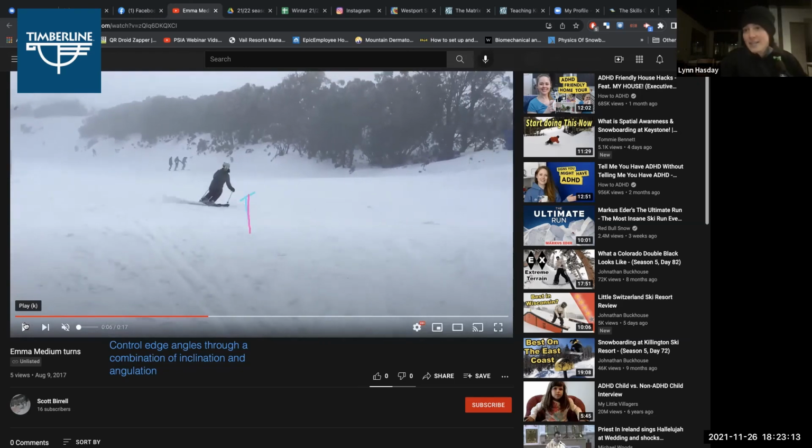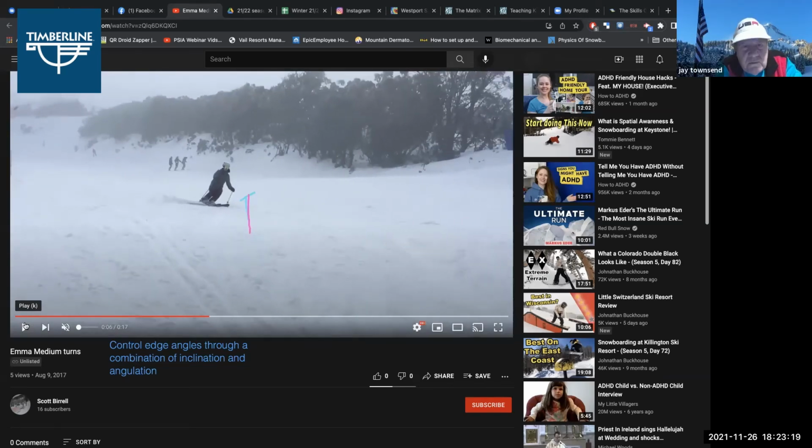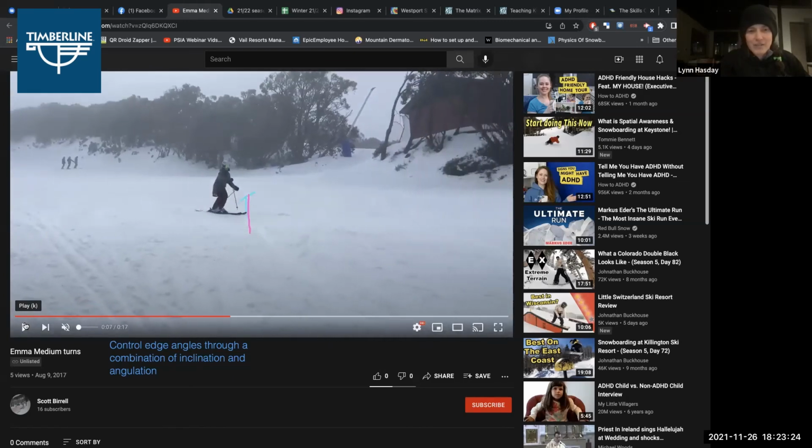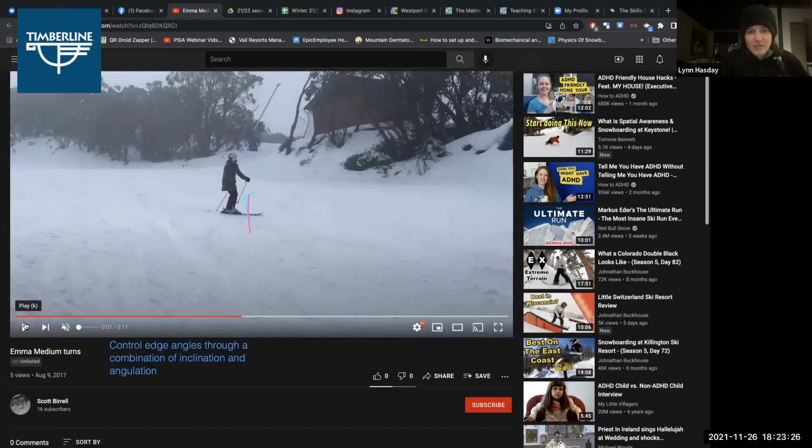So ideally, the skier would want their shoulders to remain downhill, right? For the most part. Which would mean you'd see the chest square on. Is that the case for this whole video?